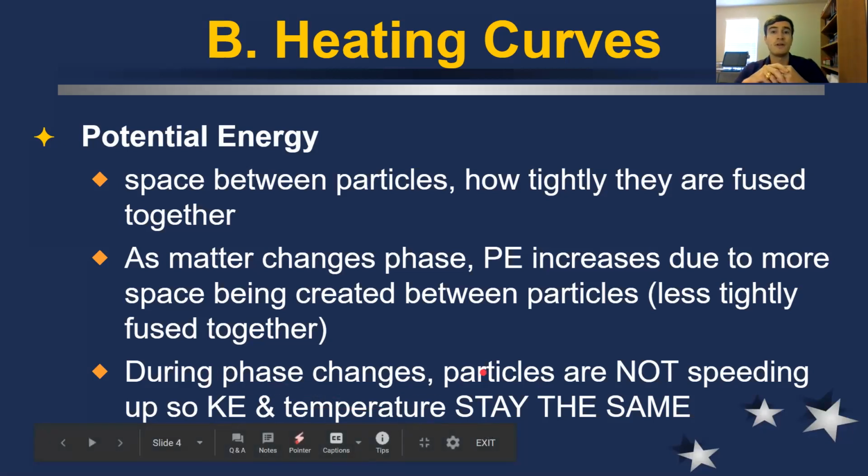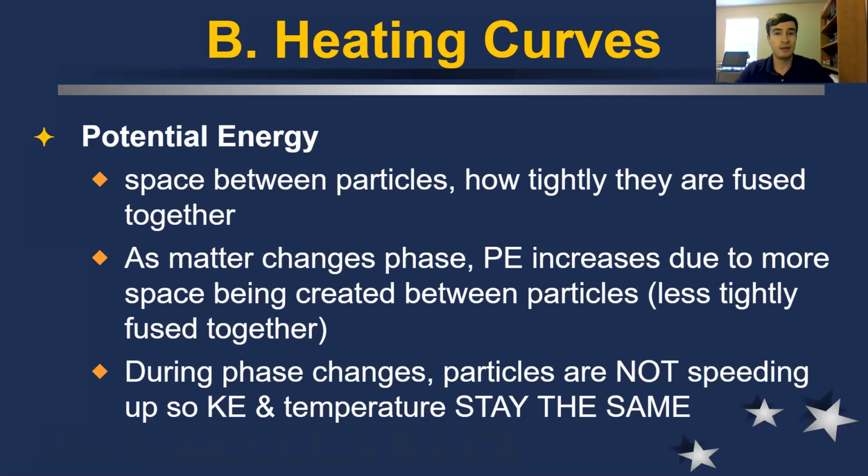Because instead of the liquid becoming hotter and hotter and getting more and more movement, we're going from a tight together solid to a more loosened up liquid. So the energy from your stove, the heat energy from there, isn't going into actually making the temperature higher. It's going into breaking those particles apart from one another.